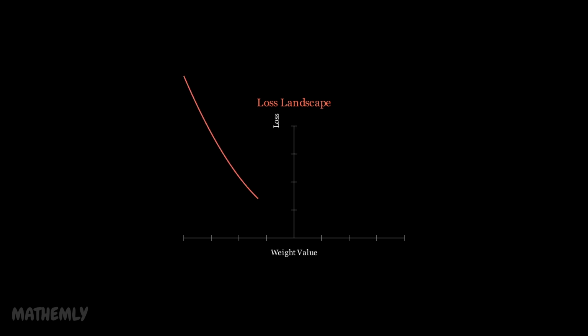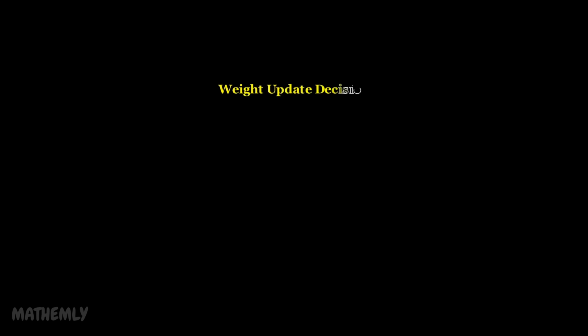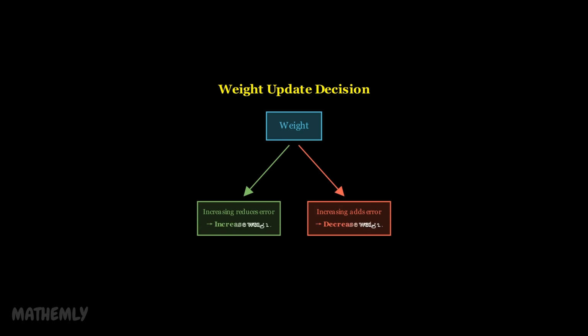Backpropagation uses these gradients to effectively compute how every weight and bias should be adjusted to reduce the loss. If increasing a weight would help reduce the error, the network slightly increases that weight. If increasing it would make the prediction worse, the network slightly decreases it instead. These adjustments are intentionally small. The network doesn't want to overreact based on a single example.